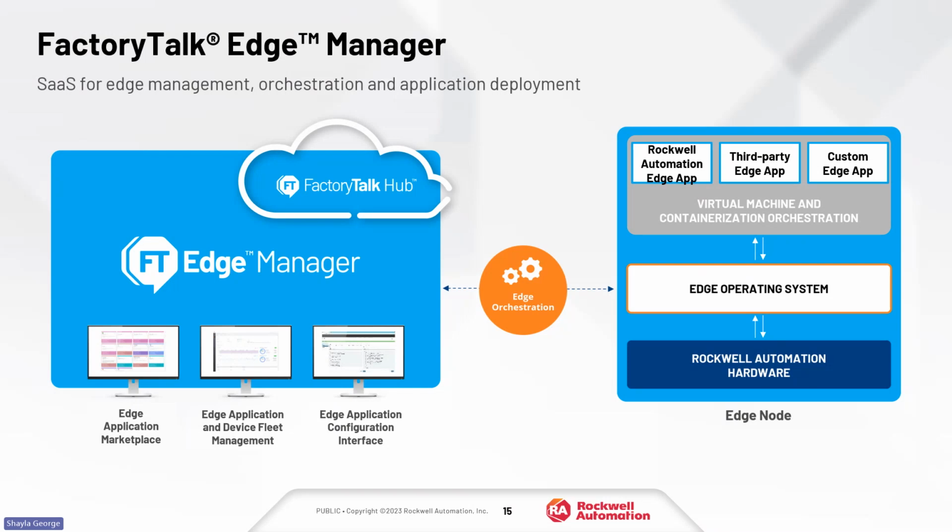Rockwell does have several edge applications that you can use Edge Manager to deploy. But additionally, there's the ability to have third-party edge applications, as well as custom edge apps that can also be deployed to your edge devices using FactoryTalk Edge Manager.